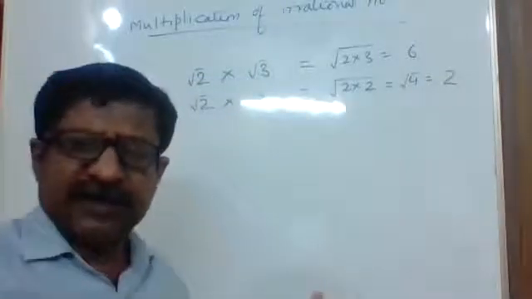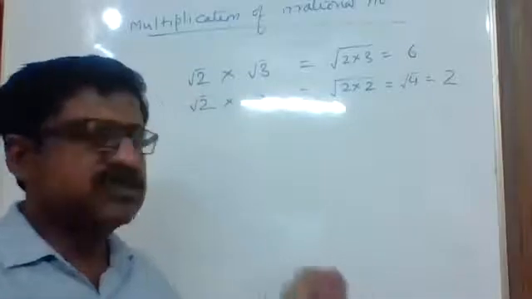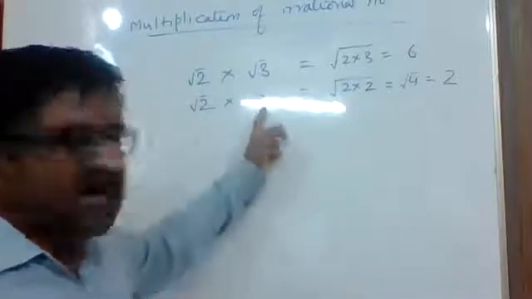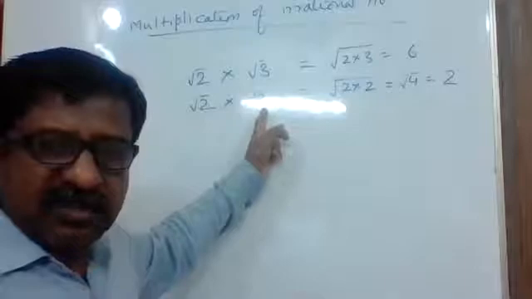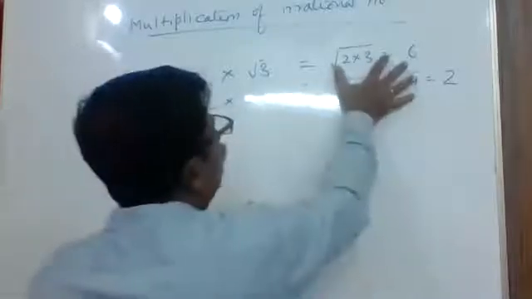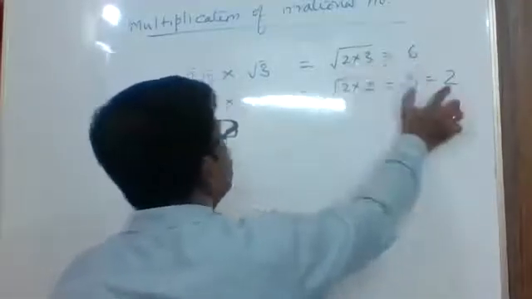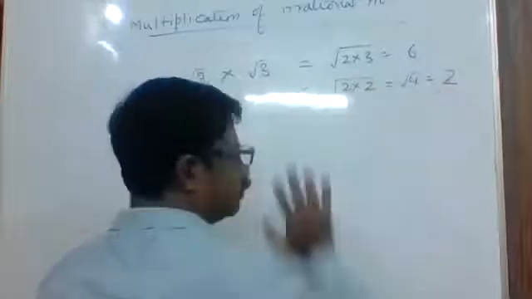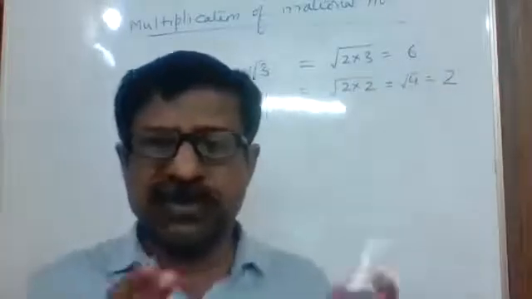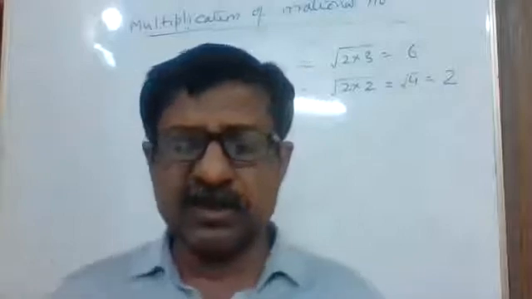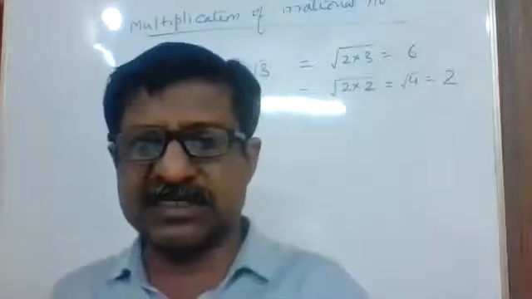But here we try to reduce the step. If the same number with the root sign is multiplied twice, we avoid all that and directly write 2. Root 2 into root 2 is 2. The same way root 3 into root 3 is 3. Root 6 into root 6 is 6.